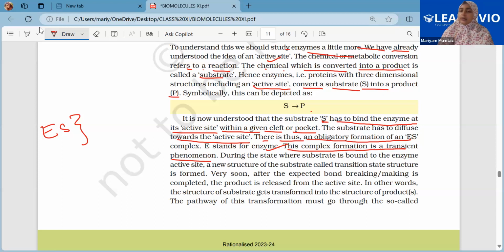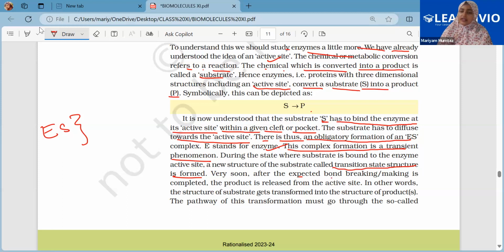Now, during the state where the substrate is bound to the enzyme active site, a new structure of the substrate, which is known as a transition state structure, is formed. Transition state structure is exactly before the substrate gets turned into the product. That is the transient state structure.